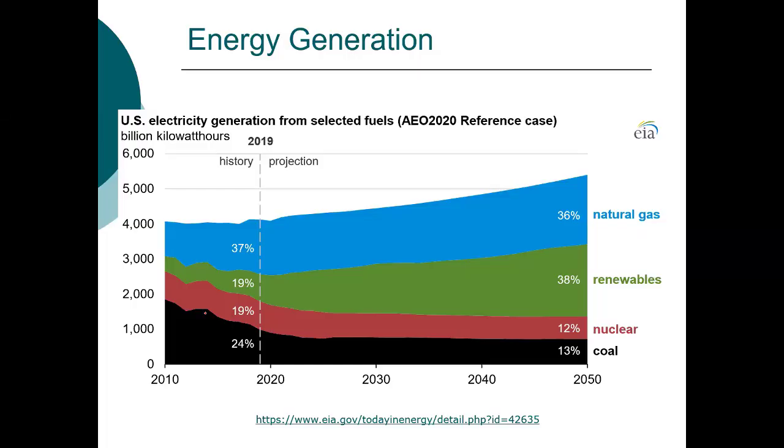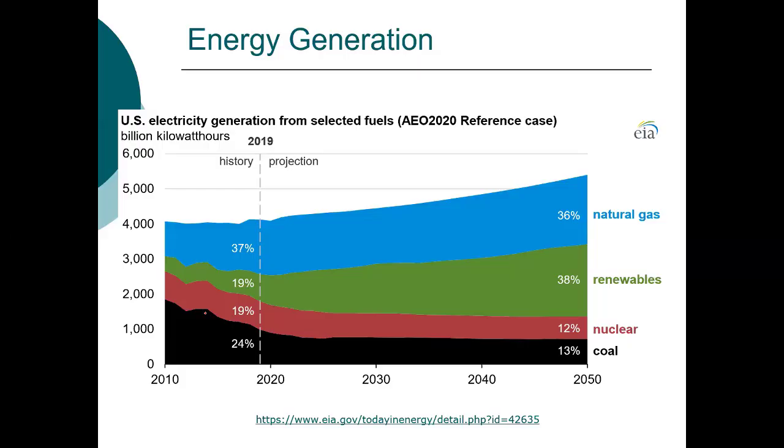Why else? Once you've switched, what's the difference between natural gas and coal from a physical perspective? One's a solid fuel, one's a gas. So the whole technology for feeding that fuel into the boiler is different.